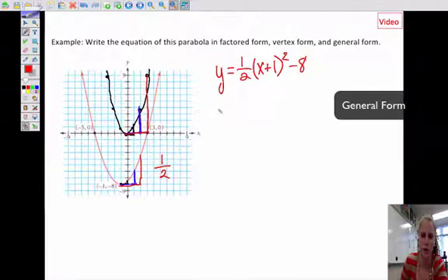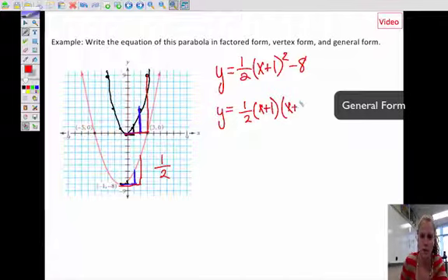So I'm going to first go to general form, so I'm just going to simplify this expression. This would be written out as 1/2 times (x plus 1) times (x plus 1) minus 8. And then, if I'm just doing some math here, I'm going to FOIL these two first and then distribute in that 1/2.